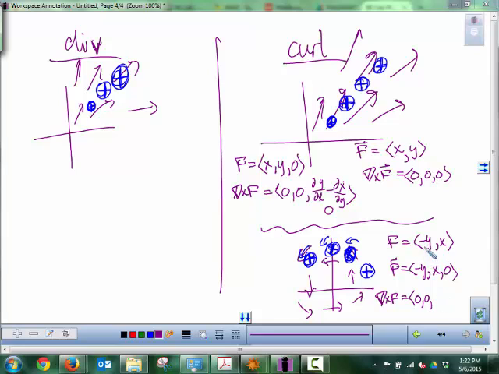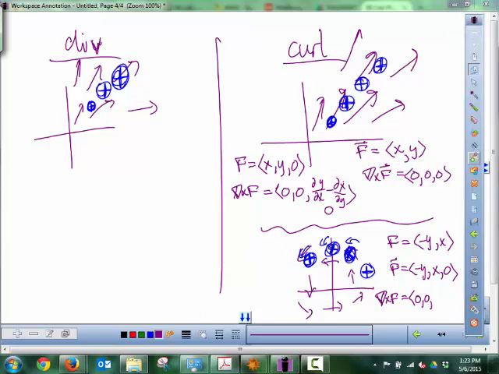But the third component here is going to be the derivative of y, the derivative of what? All right, let's actually spend some time doing this.